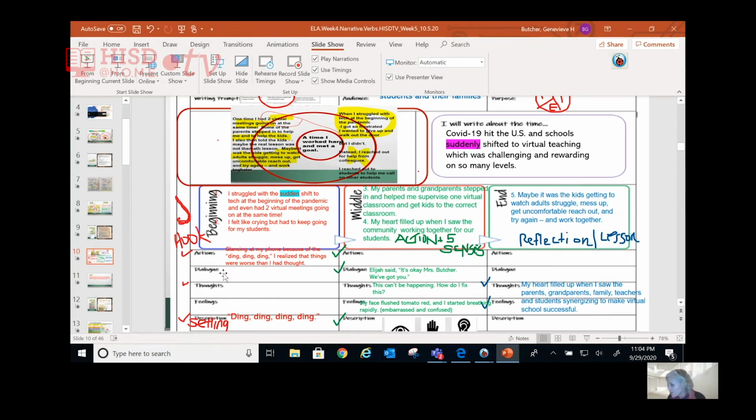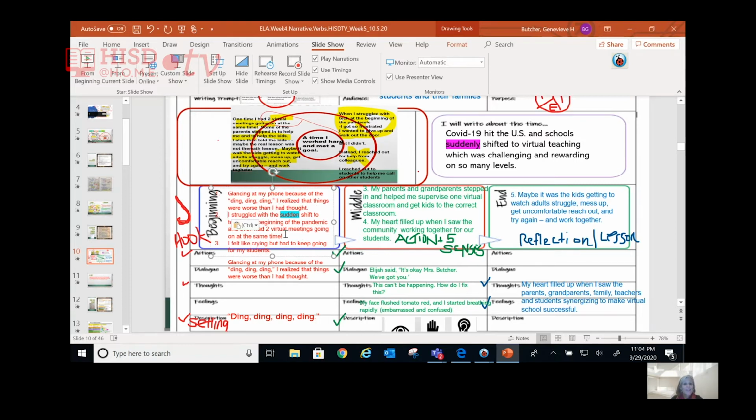I had something else, and it was, glancing at my phone because of the ding, I realized that things were worse than I had thought. So that can be my hook, because, so I'm going to move this up here and copy it up here.